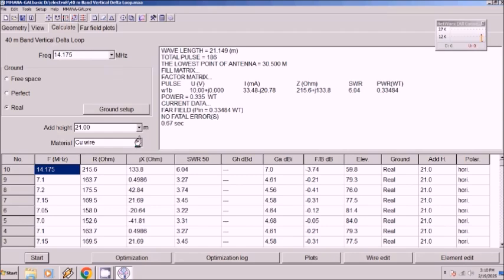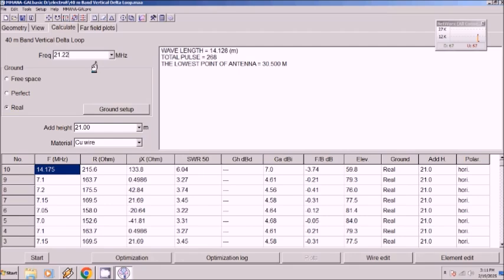So now how about being used at the 15 meters band with the center frequency of 21.225 megahertz? Let's start simulation.